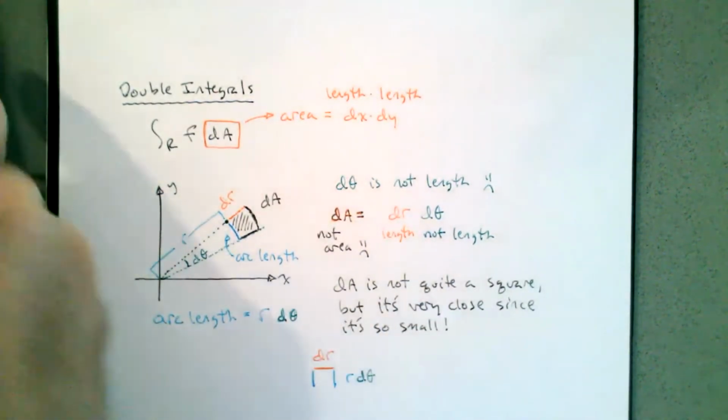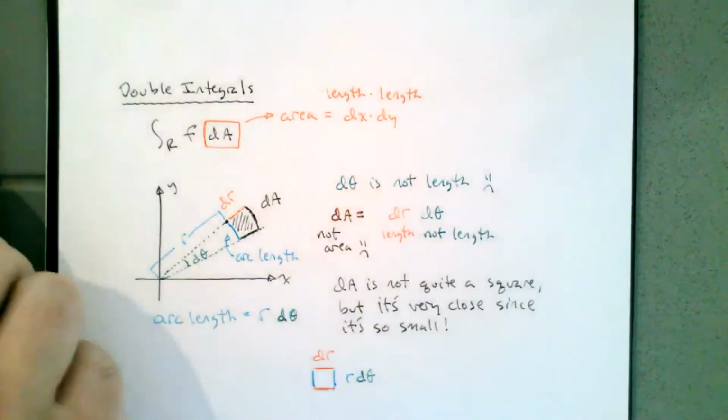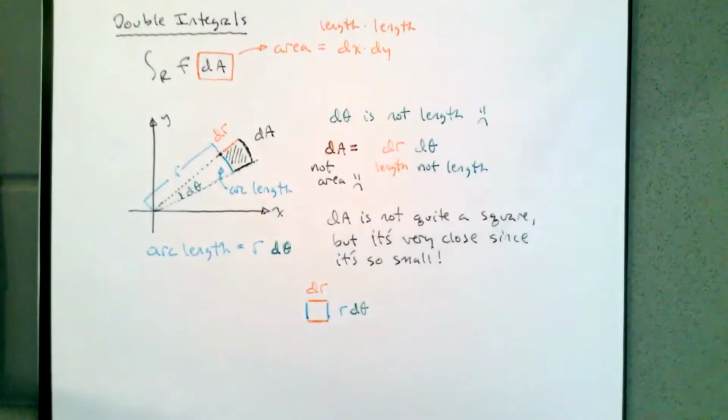And that's what we're going to use for dA. So dA is going to be r d theta times dr.